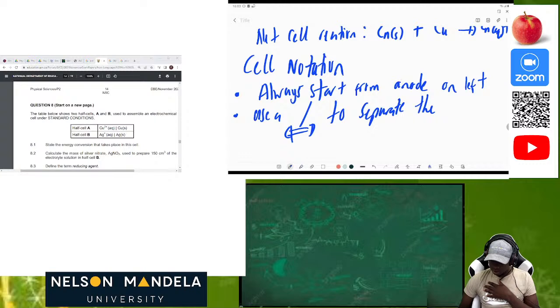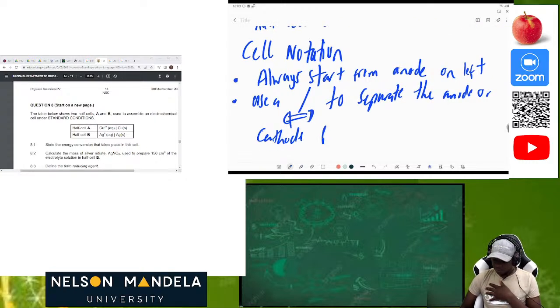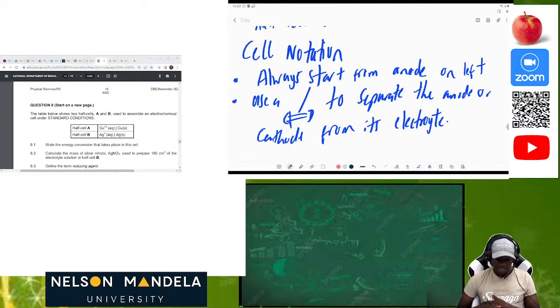the anode or the cathode from its electrolyte. What is the electrolyte? The electrolyte is the solution which we find in our two beakers, as in the example here.